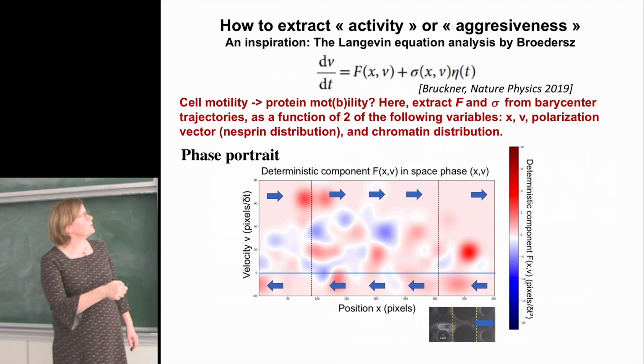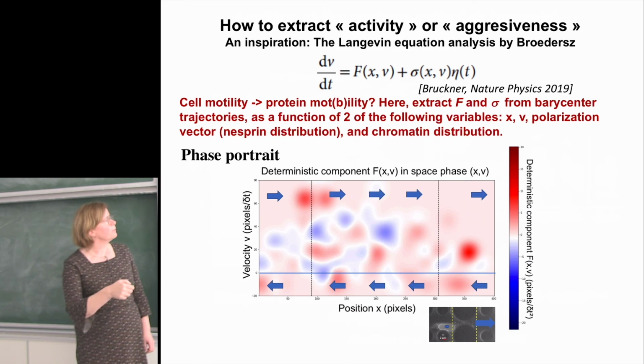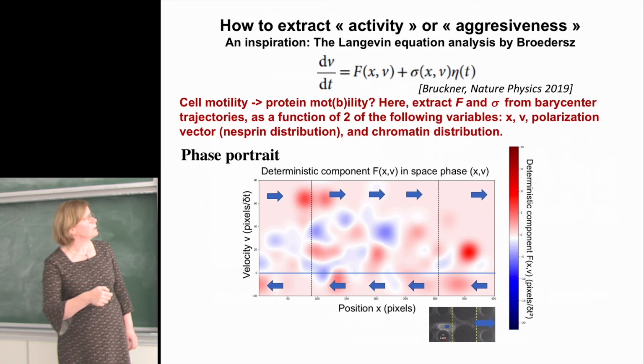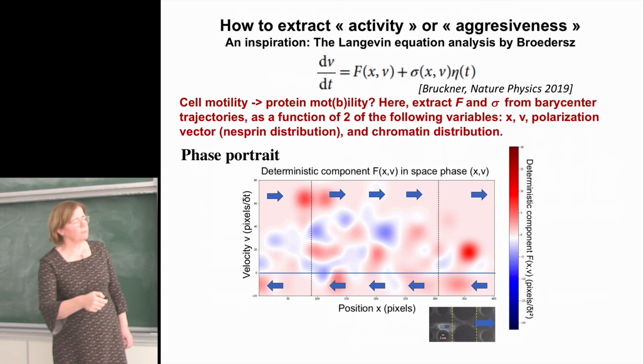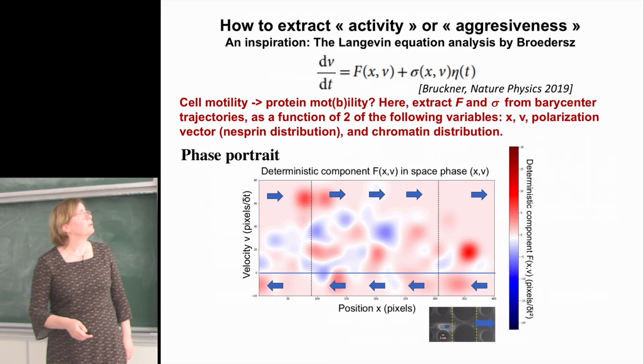We have the velocity here as a function of x, and we derive from there the deterministic component. You see already that this is the border of the constriction that corresponds to the entry and the exit of the constriction. You see that we have an increase in amplitude of this deterministic term before it enters and after it goes. But in fact, we're working on that for the moment.